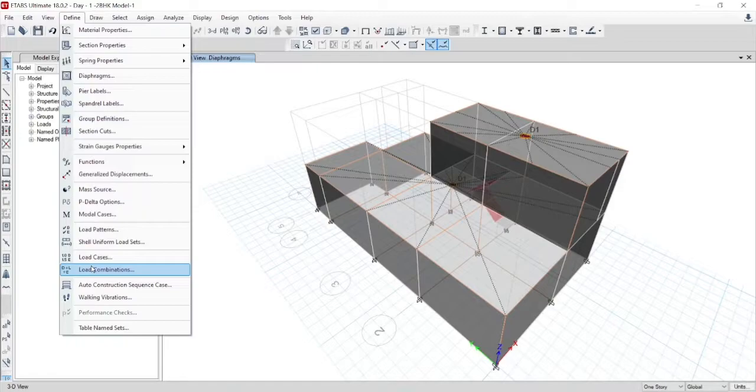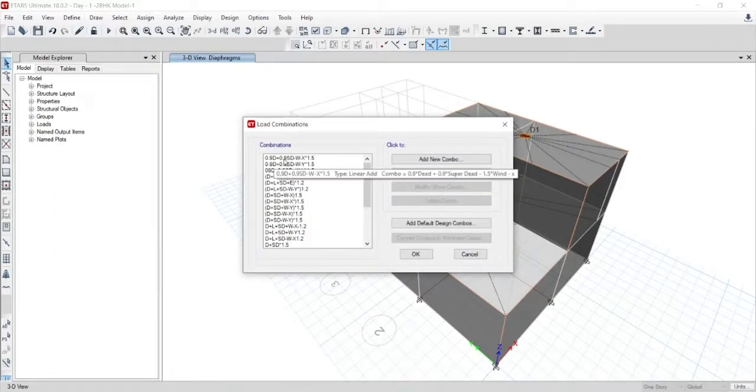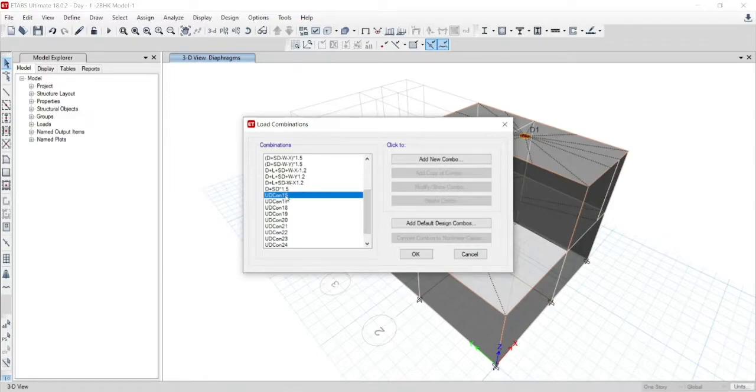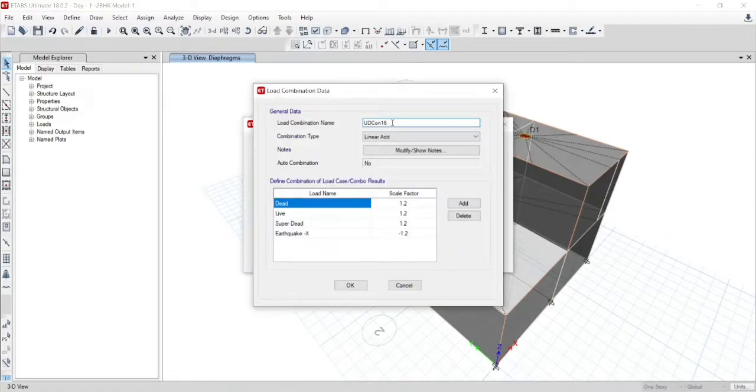Define, Load Combinations. Now you can see here 0.9 times dead load and 1.5 times wind load. Note that in automatic load combinations, you will have either wind load or earthquake load. From here we have the earthquake load: dead load plus live load plus super dead load minus earthquake load in x direction, with a multiplication factor of 1.2.